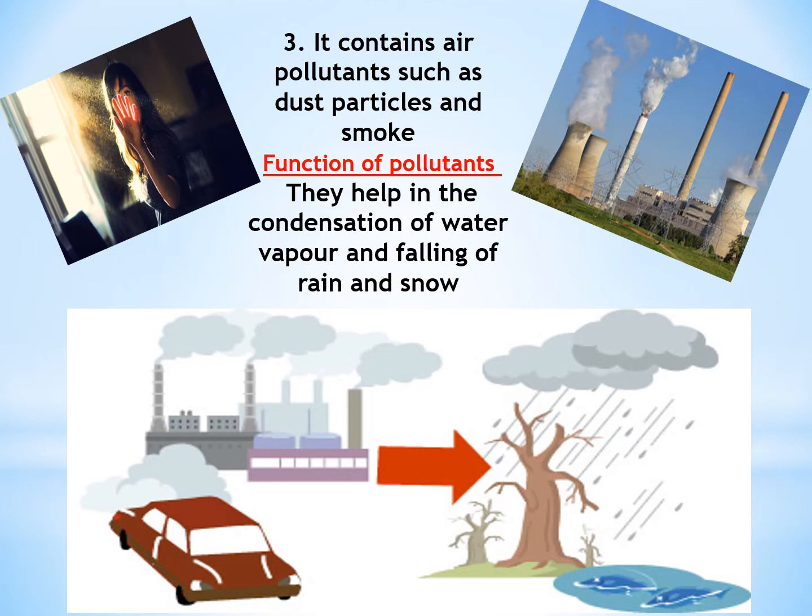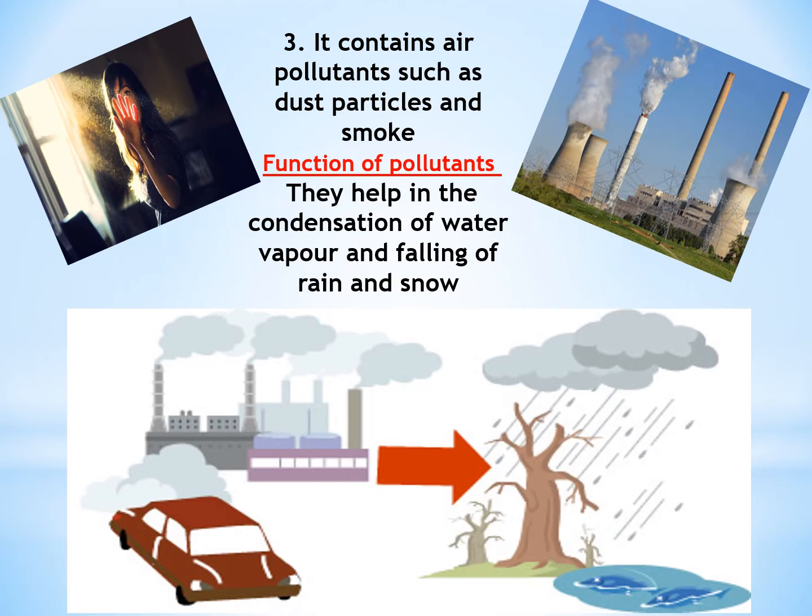How? Can you remember the condensation process? Who can tell me what's meant by condensation? Okay, it's a change of matter from gaseous state like water vapor to liquid state like water. When water vapor touches a cold surface, water vapor starts to condense or collect on this cold surface and form drops of water.